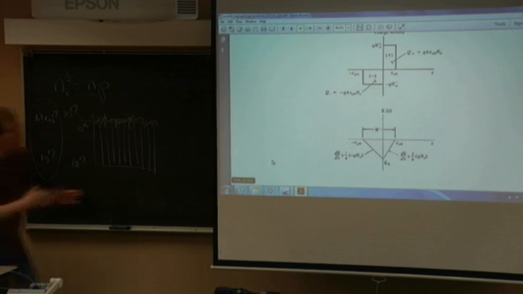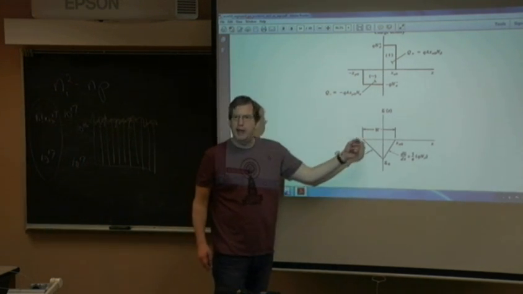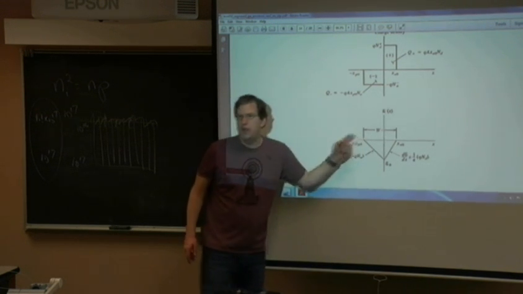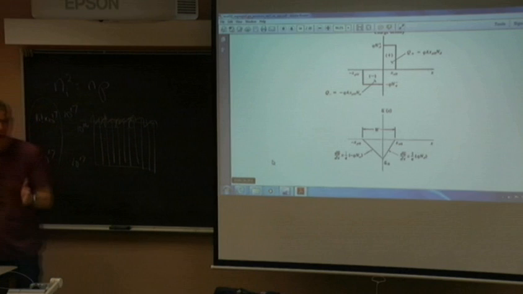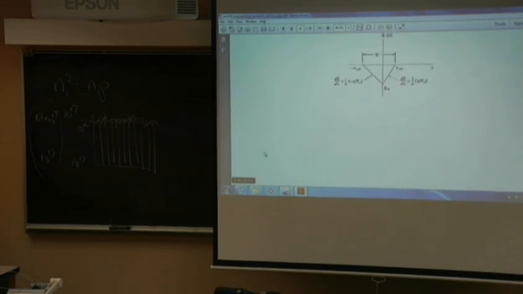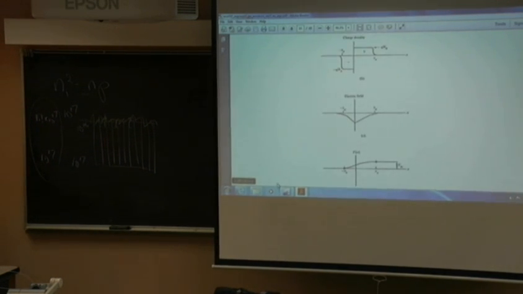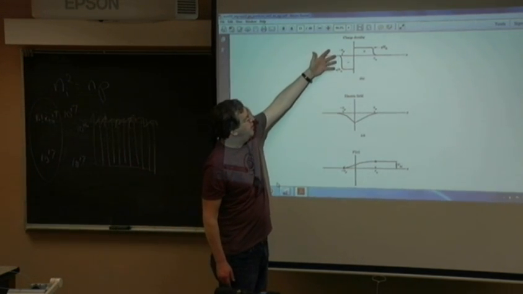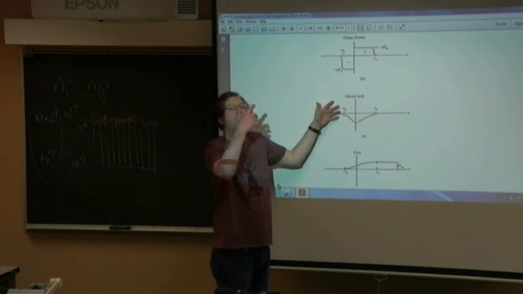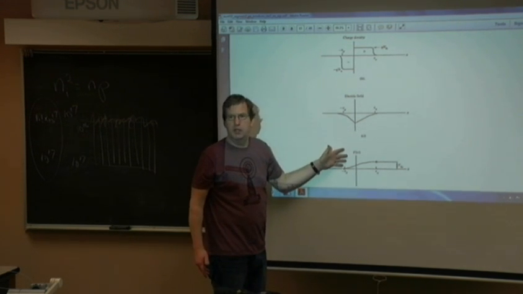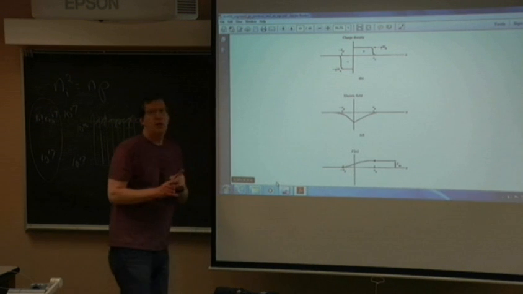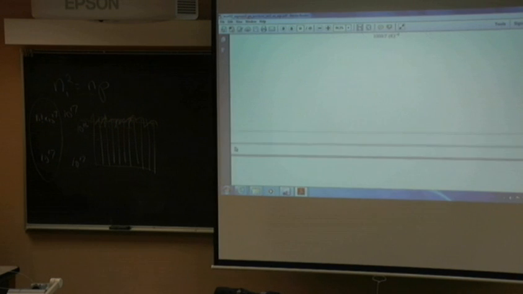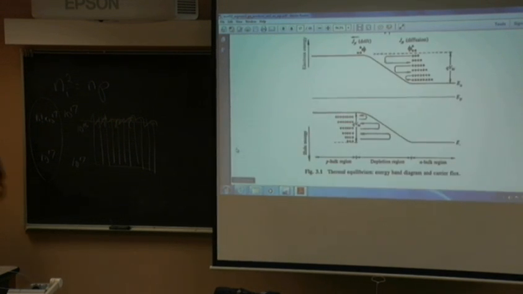As it goes deeper and deeper, more and more of the electric field lines are truncated, terminated, and so they finally extinguish by the time you get to the edge of the depletion region when you run out of charge. And this other book takes it a little bit farther. It shows that you take Gauss's law and integrate the charge, you get electric field, but integrate it one more time and you get potential difference. Potential difference is the origin of the band bending.